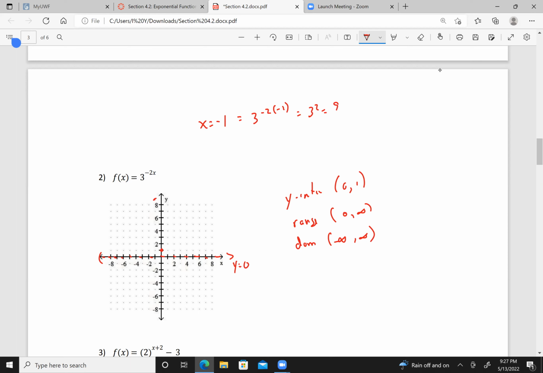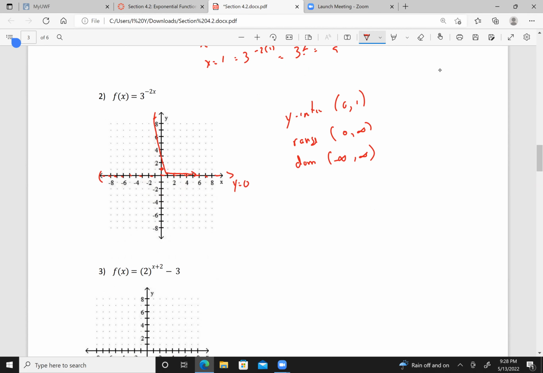So I'm looking at a point here. If x is positive 1, I get 3 to the negative 2 times 1, which is 3 to the negative 2, which is 1/9. So we got the same thing, same basic shape, but it's squished together.